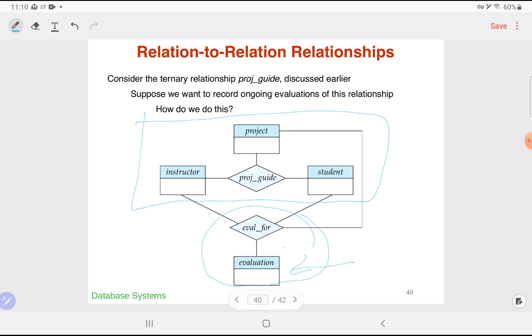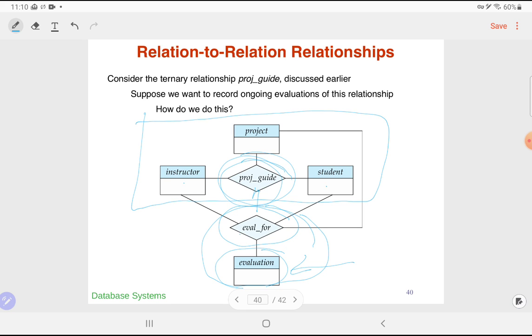Now technically, this evaluation is a quaternary relation between the evaluation entity and the instructor, the student, and the project. But what it really is, it's an evaluation of the project guidance relationship. We want to evaluate this.